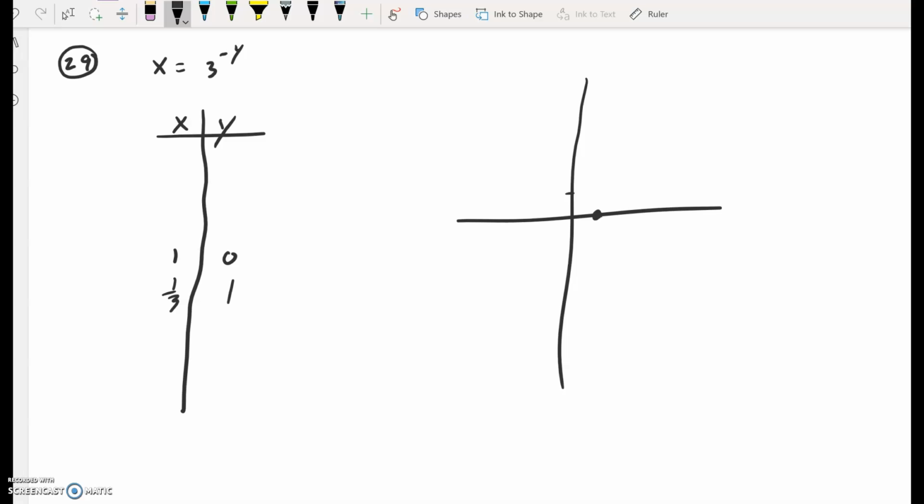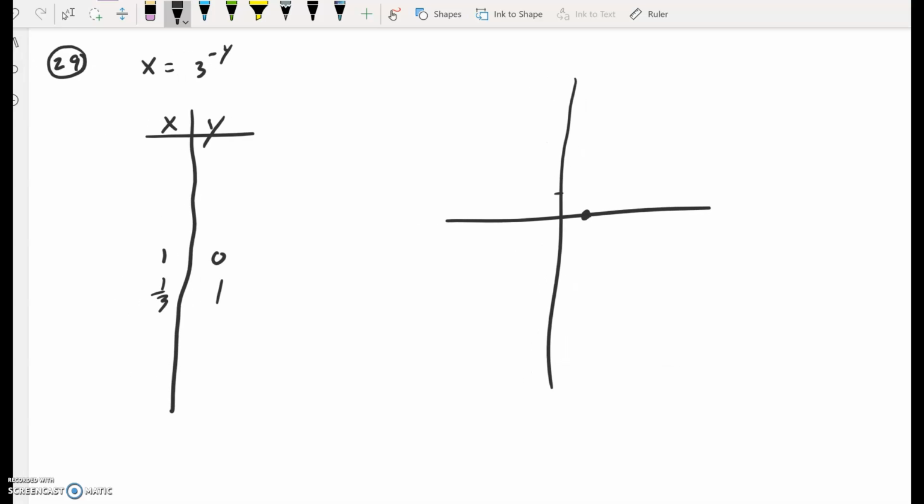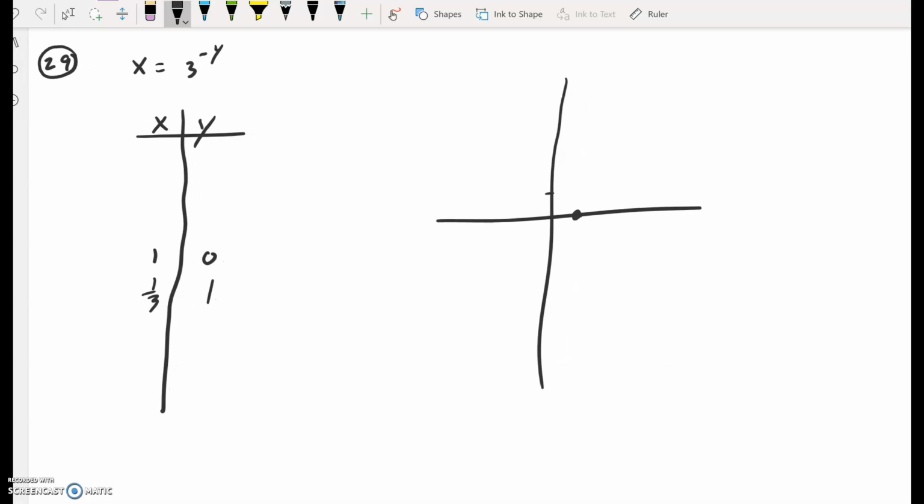So when x is 1/3, y is 1. I want to go to y equals negative 1, so that'll be x equals 3 to the minus negative 1 power. That's 3 to the first power. That's 3. So when x is 3, y is negative 1.